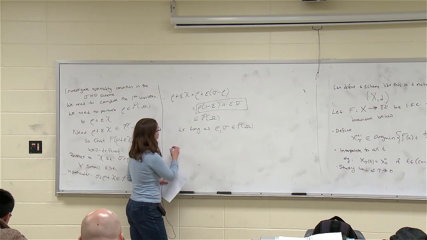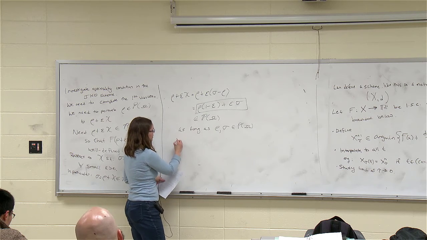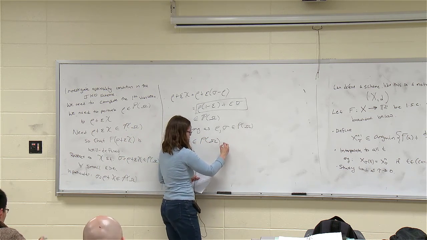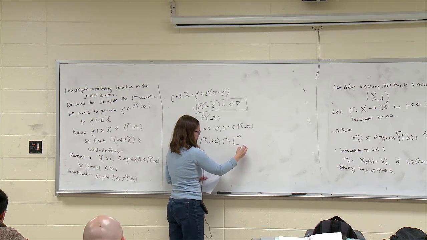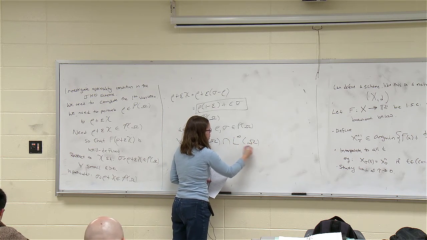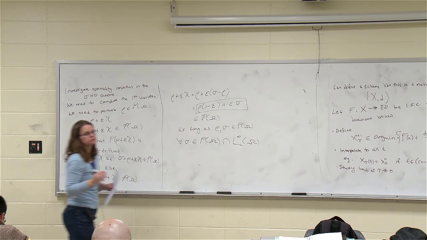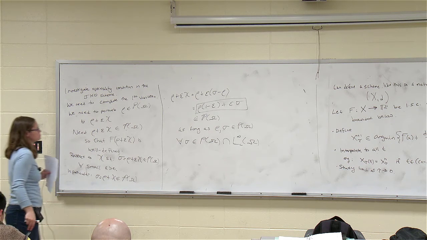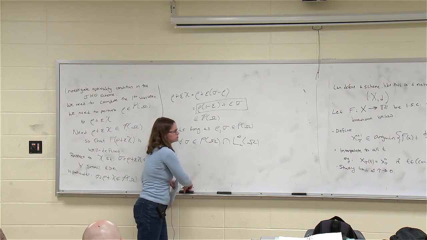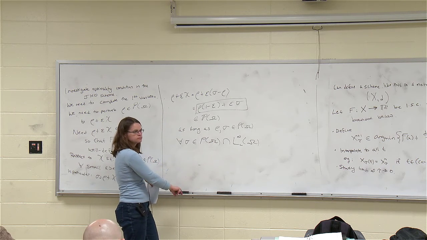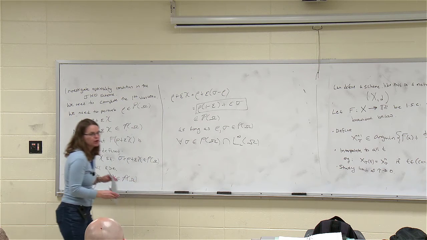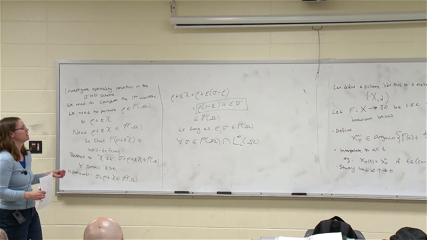So we're going to do this for all sigma belonging to probability measures, and we'll do things that are bounded. Okay, then we can define the first variation. When we know how we're allowed to perturb, we can define the first variation.